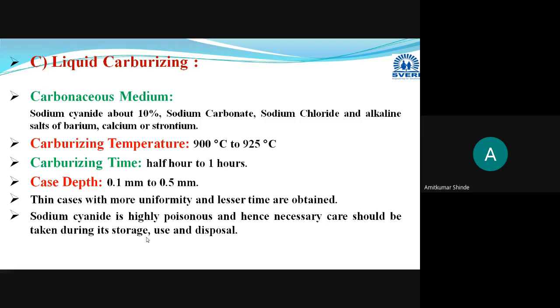In solid carburizing we have studied that we added barium carbonate or sodium carbonate to accelerate the process; they just support the process. In the same way here, barium, calcium, or strontium will be added in the salt baths which contain sodium cyanide up to 10%, along with some amount of sodium carbonate and sodium chloride.